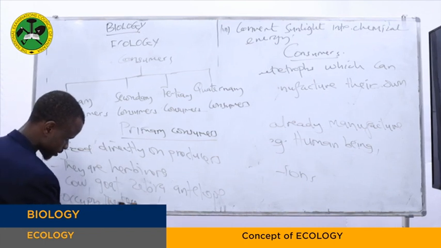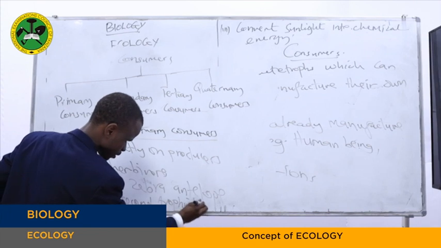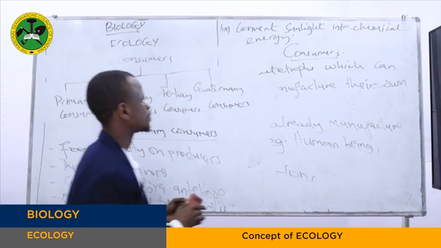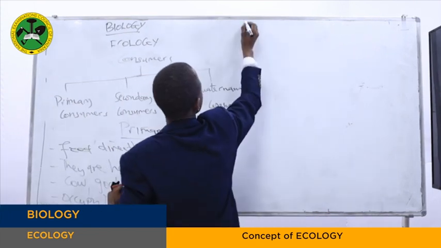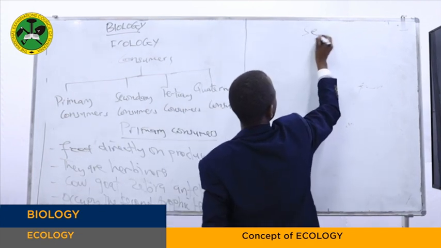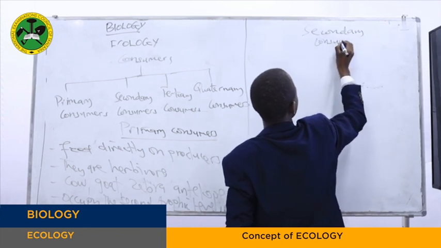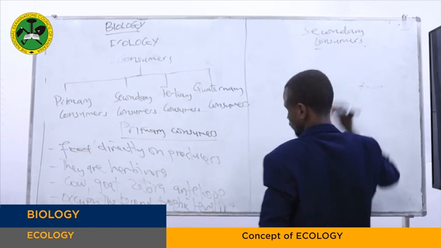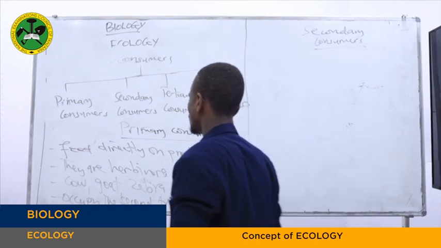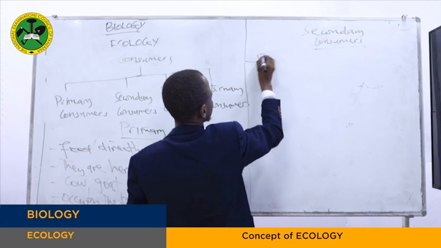They occupy the second trophic level in the ecosystem. My student, we have secondary consumers. These are organisms which feed directly on primary consumers.